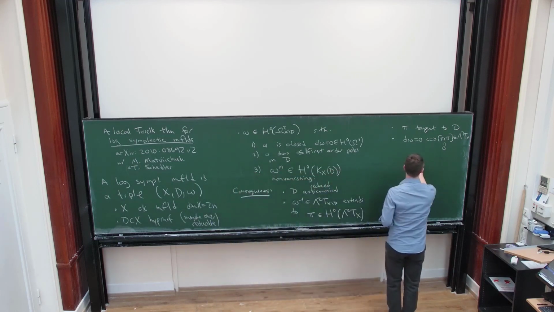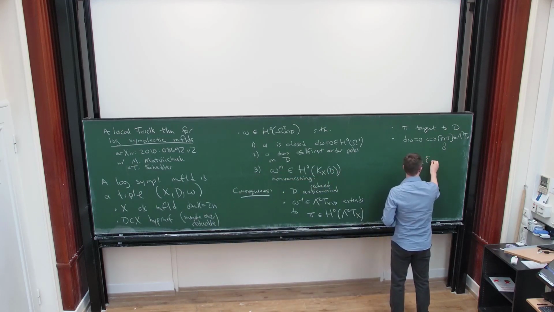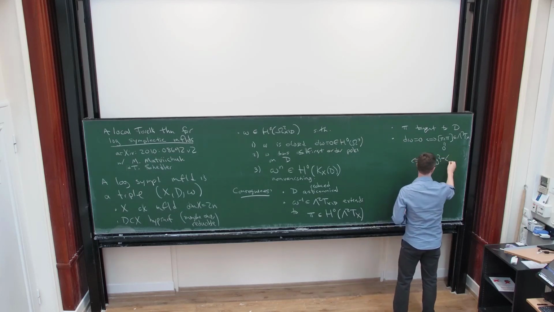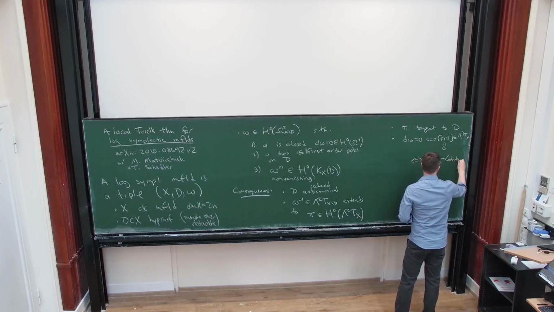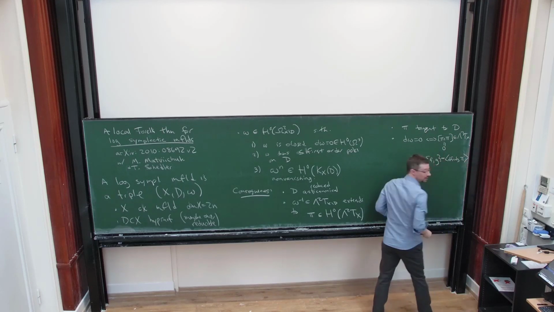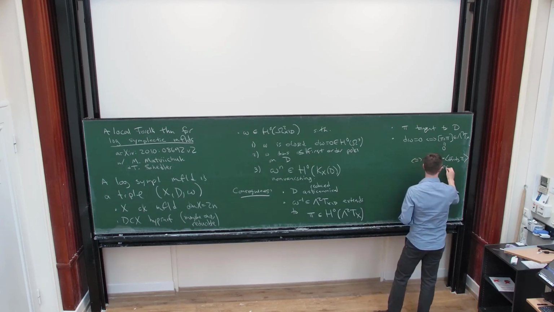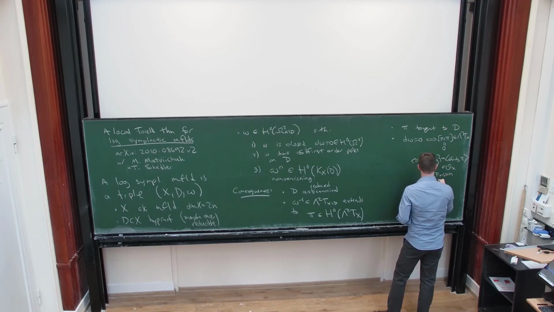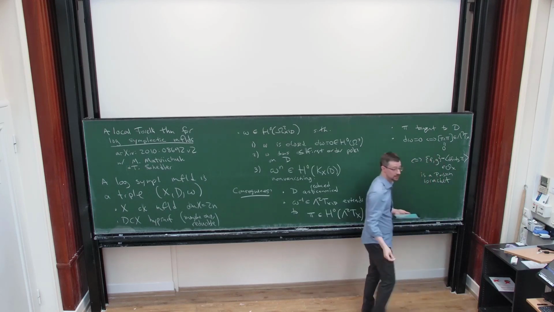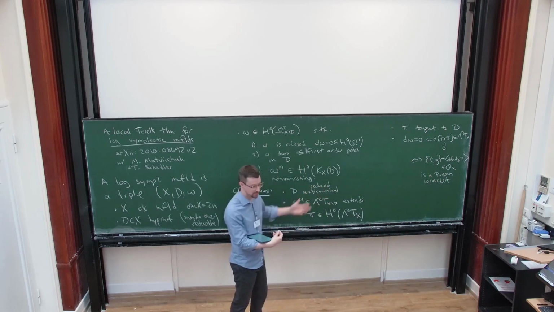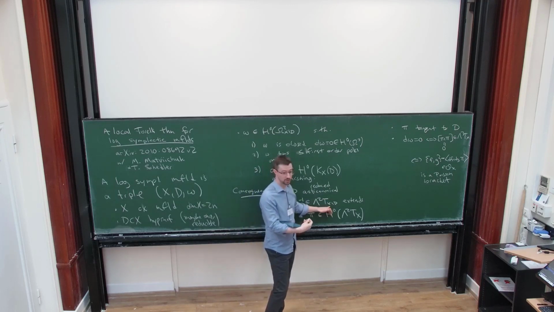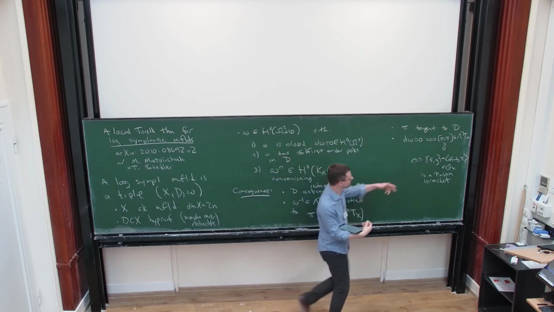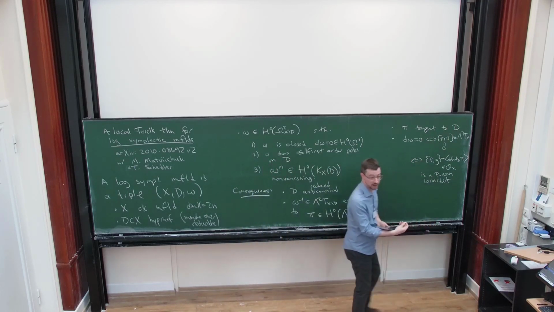And as a consequence, you can define an operation on the functions. If I take a pair of functions, then I can take their differentials and pair them with this bivector, and that will give me a new function. And this defines a Poisson bracket. So remember, on any symplectic manifold, the sheaf of functions carries a Poisson bracket. And the claim is that this Poisson bracket extends to the manifold X in such a way that this divisor is a Poisson subset.